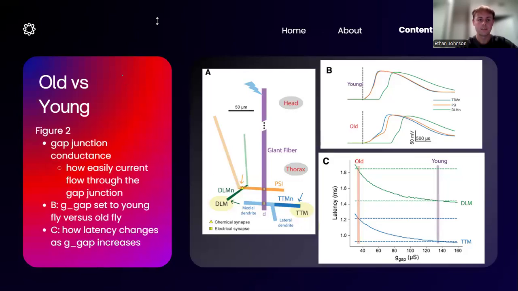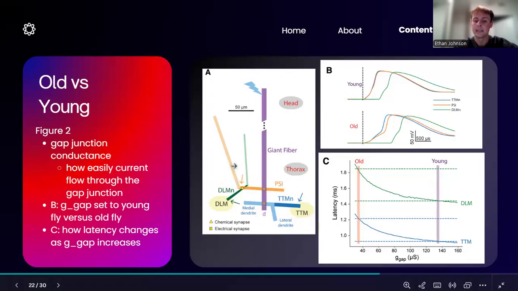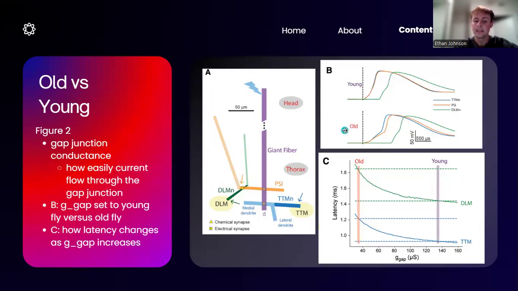So this is the second figure in the paper. Again, we see this diagram that we saw earlier of the difference between young and old fruit flies.